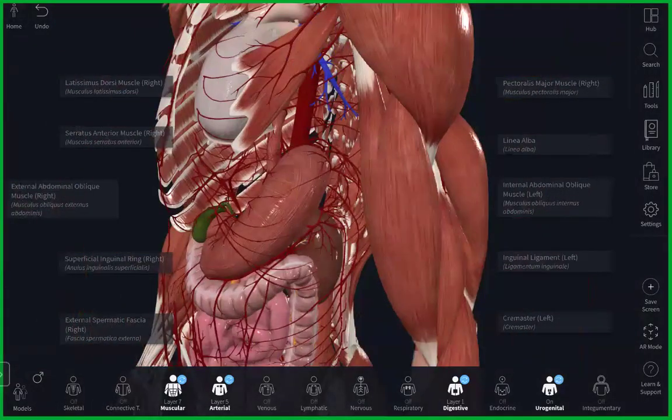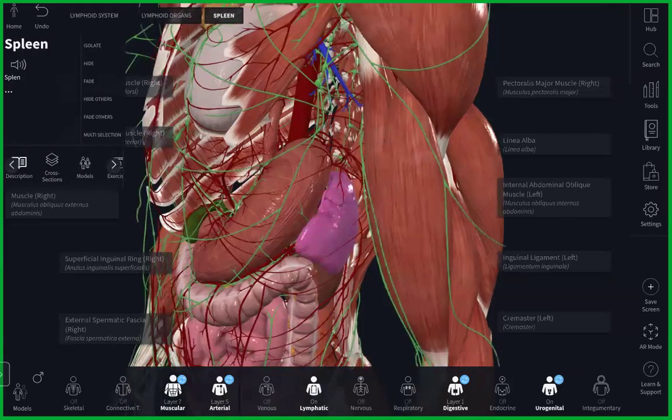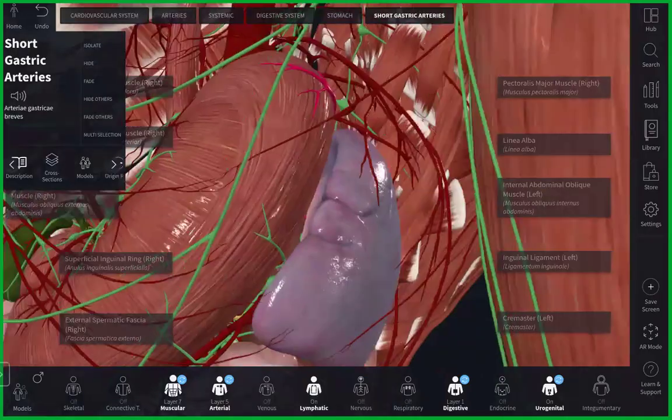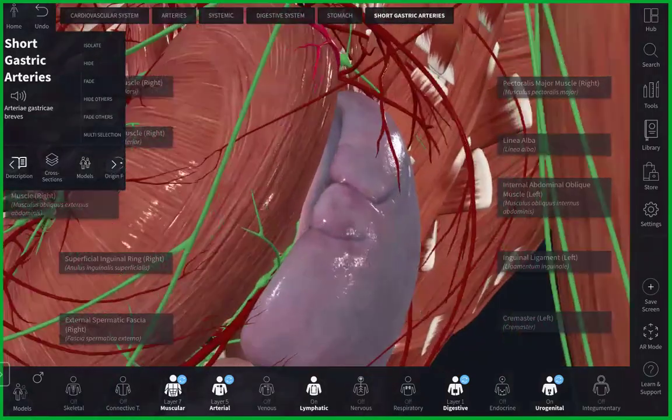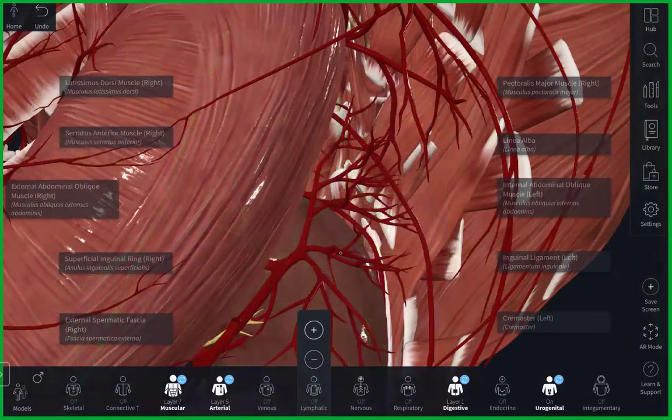See, accidental spleen injury is a very emergency situation. Now, if we add the lymphatic system, we can see the spleen. So here is the spleen and we can see that the splenic artery is supplying the spleen. We all know the splenic artery will supply the spleen, very simple and understandable.